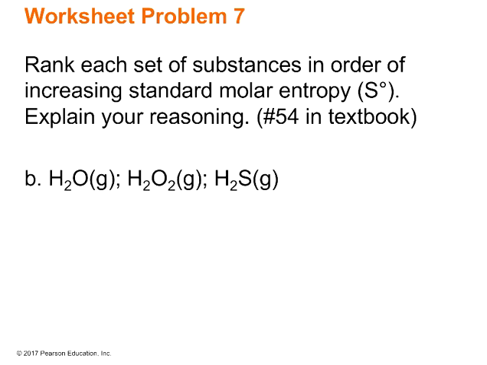Okay. Now let's compare gaseous H2O, gaseous hydrogen peroxide, and then gaseous H2S. All right, so what should we consider here? Should we consider molar mass, the states, or the molecular complexity? So it looks like everything's in the same state, so we can rule that out as a factor.